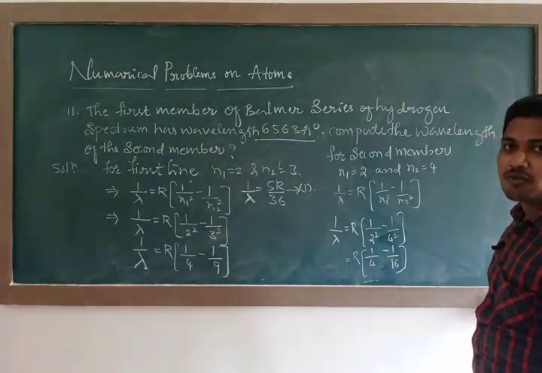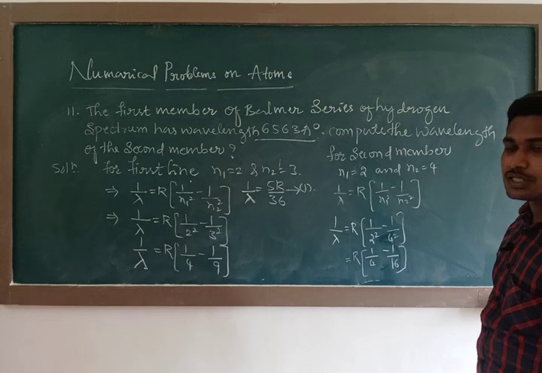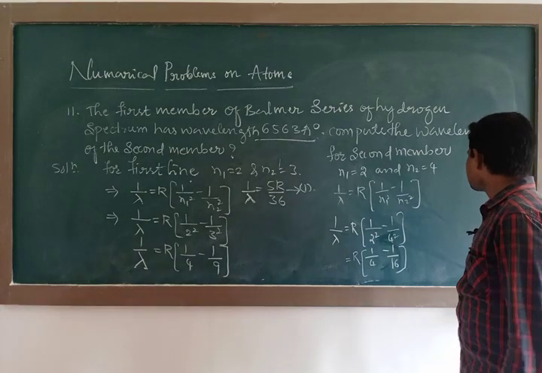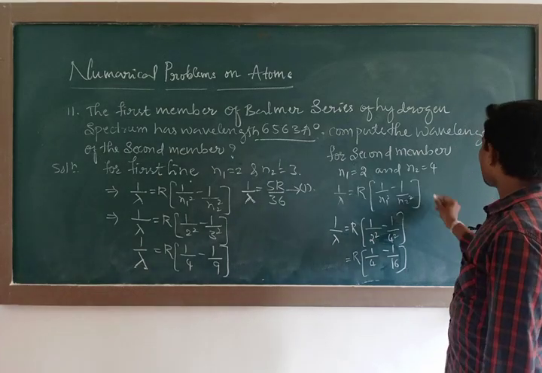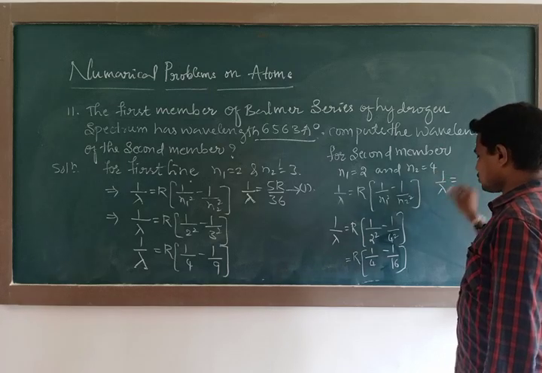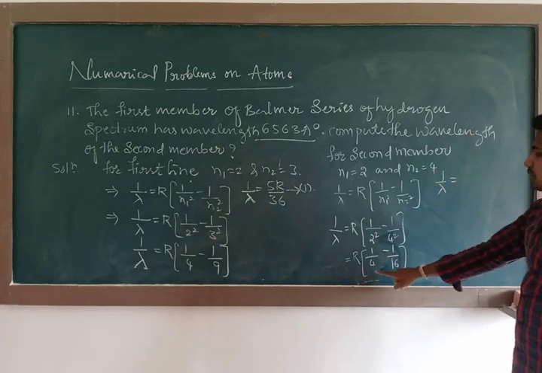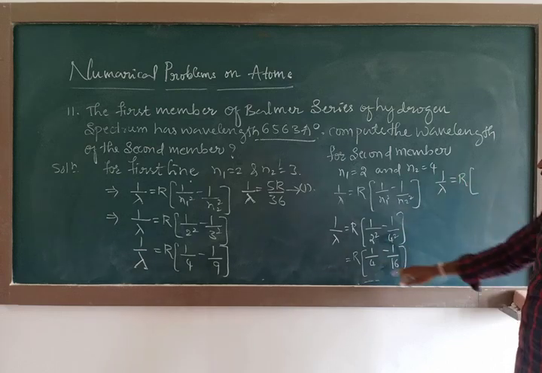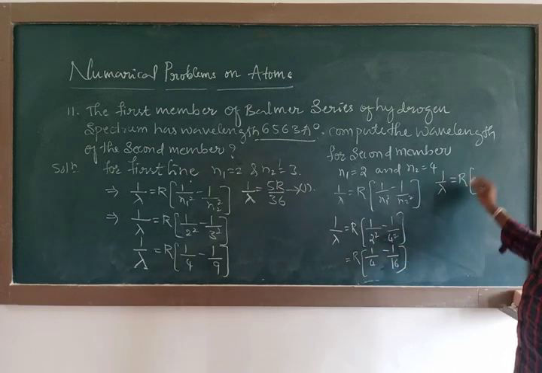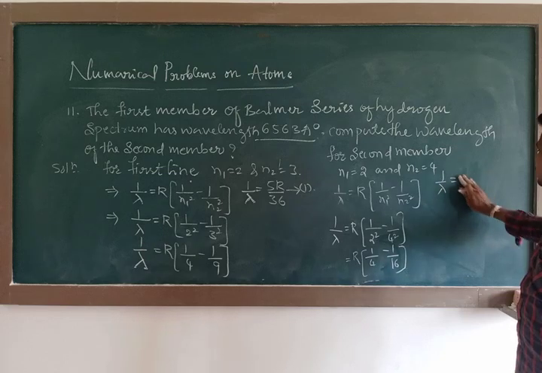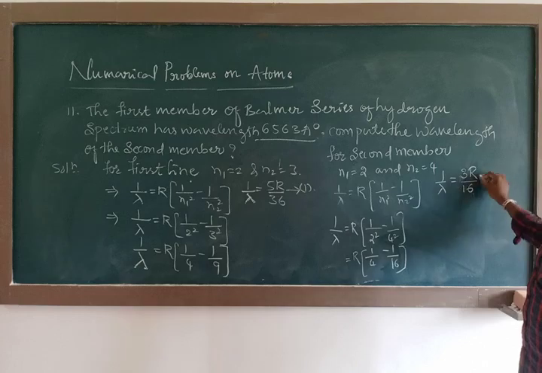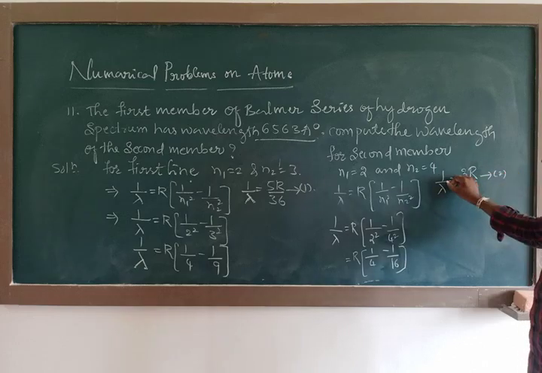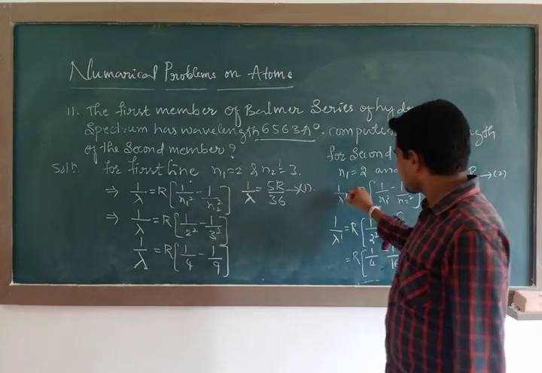What is the LCM of 4 and 16? That is 16. 1 by lambda is equal to R into 4 minus 1, 3R by 16. Call this as 2. I call this lambda dash.